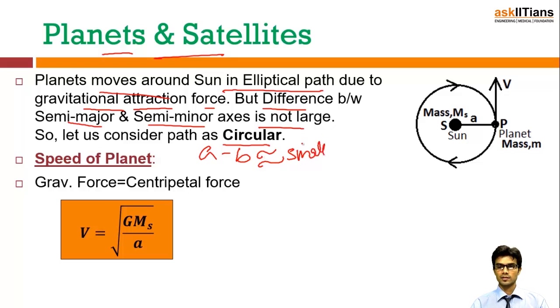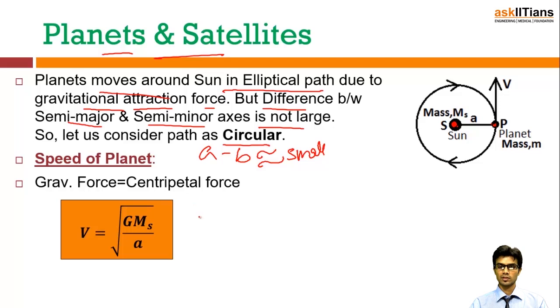So this is the sun and this is the planet, and this is the mass Ms of the sun. M is the mass of the planet, the radius of this circular path is a, and v is the velocity of the planet. The speed of the planet can be found by equating gravitational force to centripetal force.